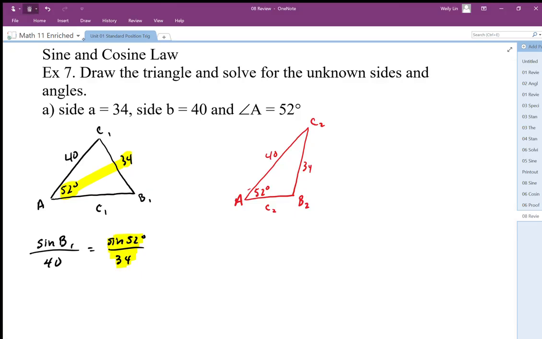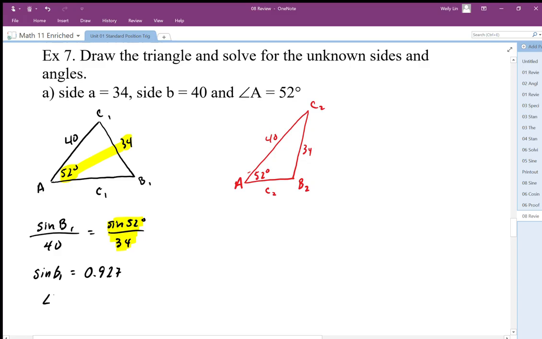So solving first of all, I'm going to solve for sine of B1. Okay, and again, I need my calculator here since this is not exact values. So I'm going to do sine 52 times 40 divided by 34, and I get 0.927.